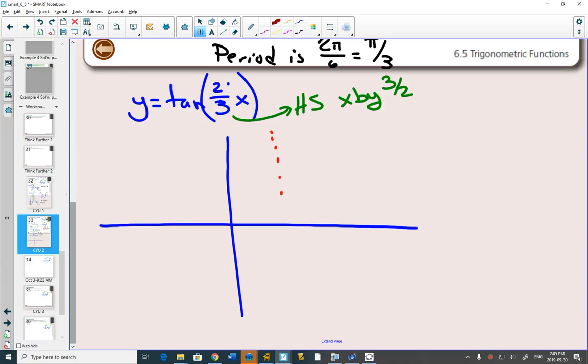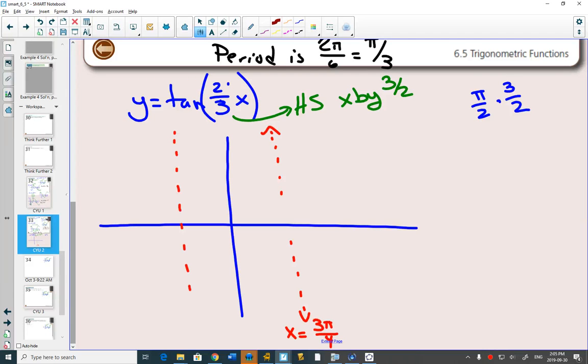So normally, we have an asymptote here at pi over 2. What happens if I take pi over 2 and multiply it by 3/2? I'm going to get 3 pi over 4.